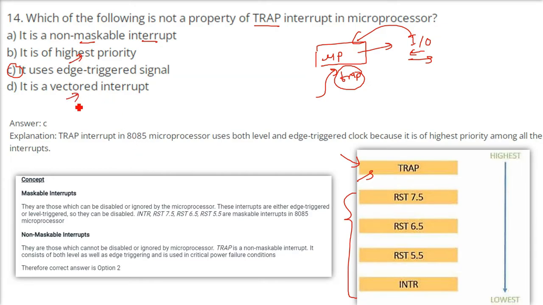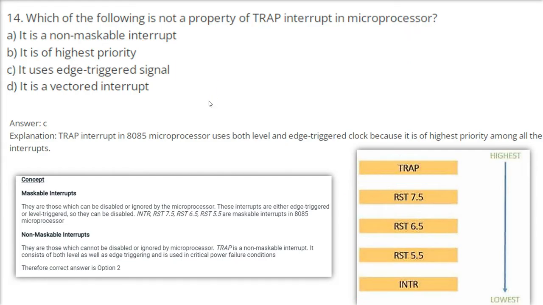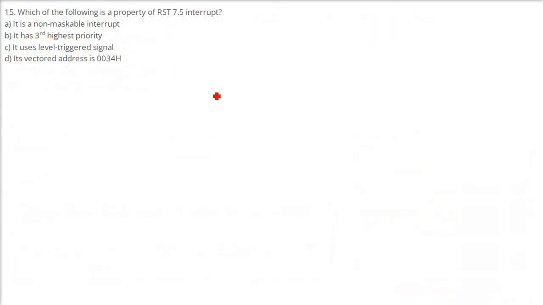They can be disabled, they can be ignored. And trap is a vectored interrupt, highest priority, non-maskable. But the third one, why is it wrong? Because the trap interrupt uses both level and edge triggered signals, because it is of highest priority among all these interrupts which I showed you.